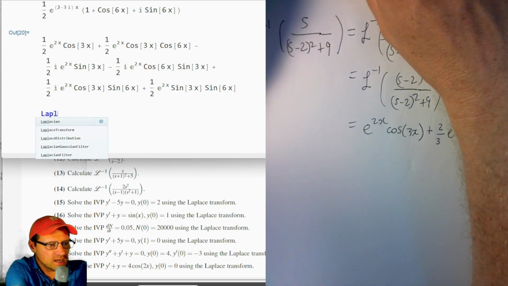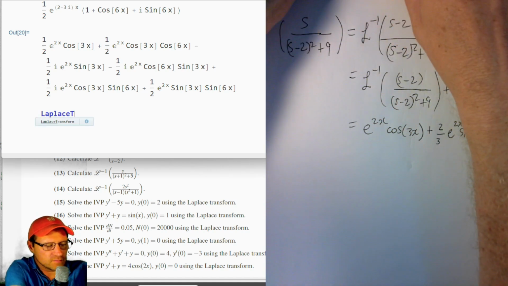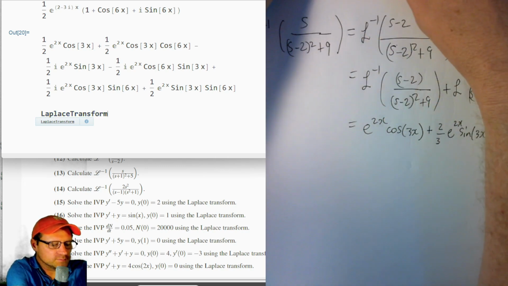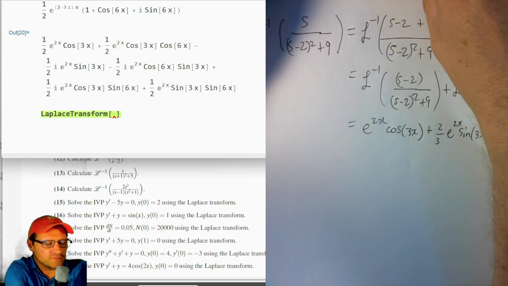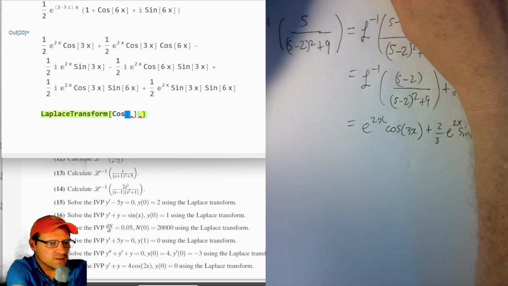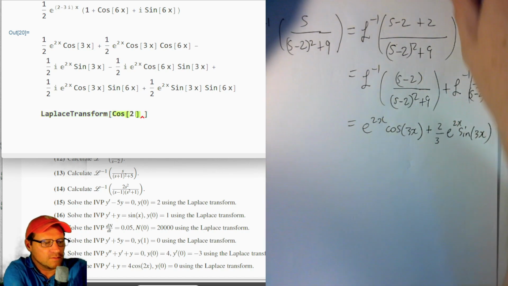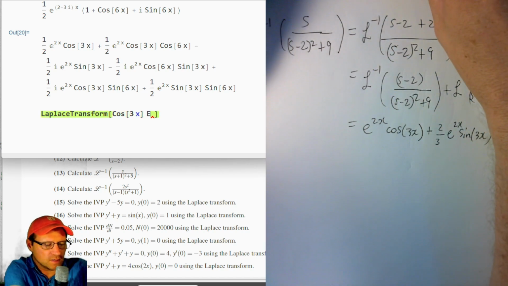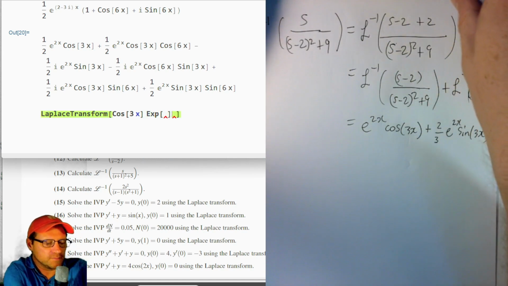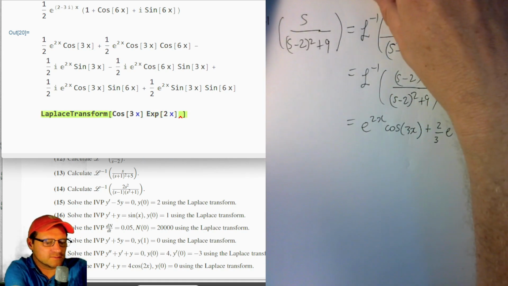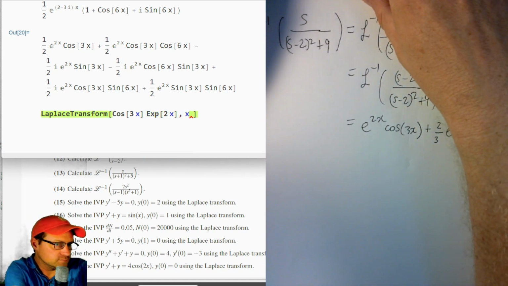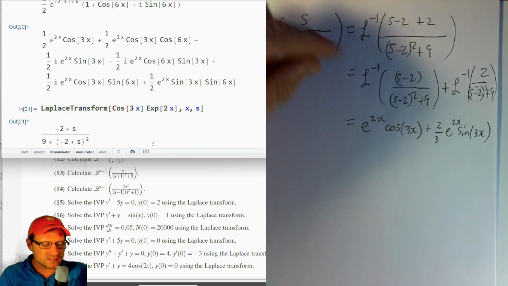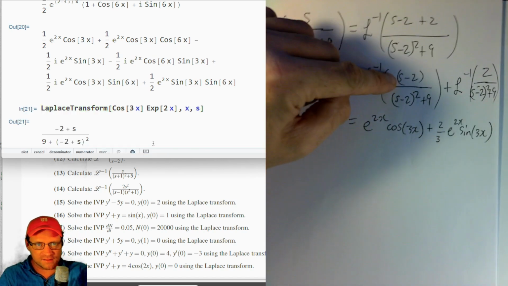If I just say Laplace transform of cos of 3x exp 2x. Okay, so we can see that we get exactly that there.